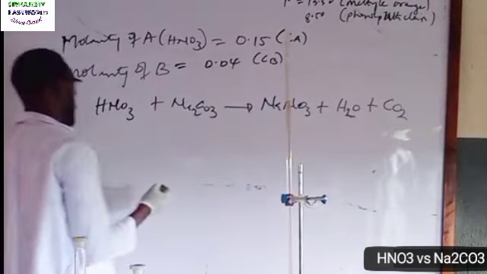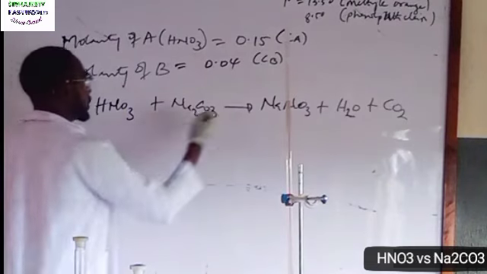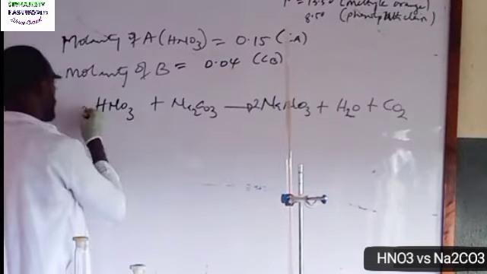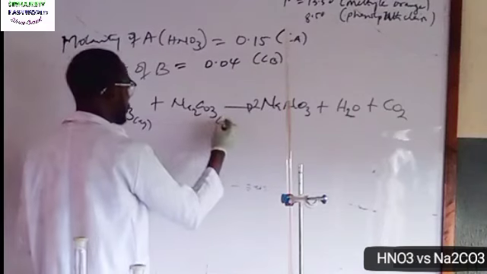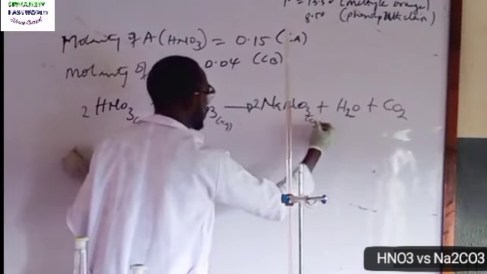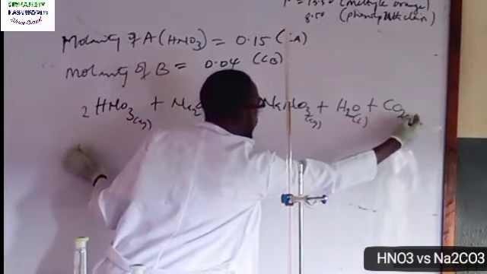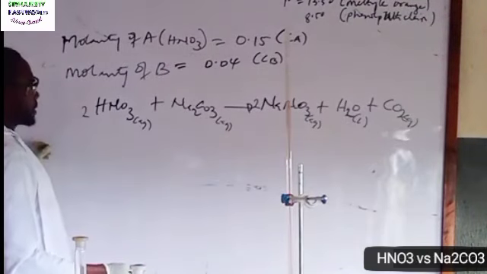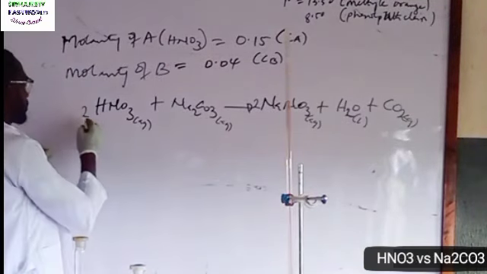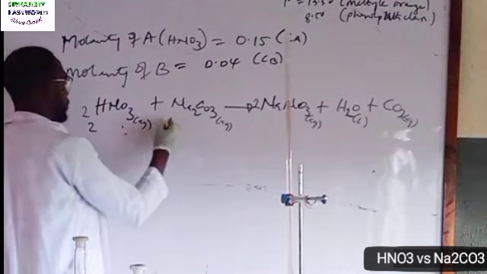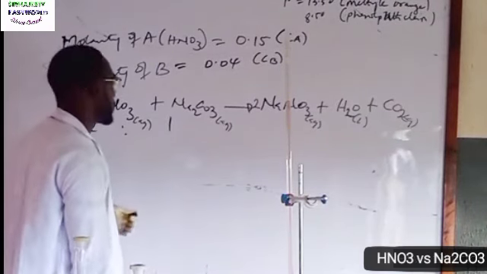Anytime trioxocarbonate reacts with acid, water is formed. There should be 2 here and 2 here, aqueous, liquid, and gas. So I guess with this the equation is balanced, such that the mole ratio of acid to base is 2:1 in this case.